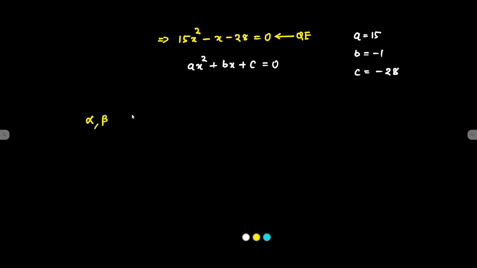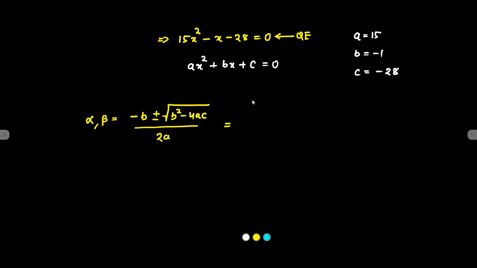alpha and beta, it will be equal to minus b plus minus root over b square minus 4ac by 2a.